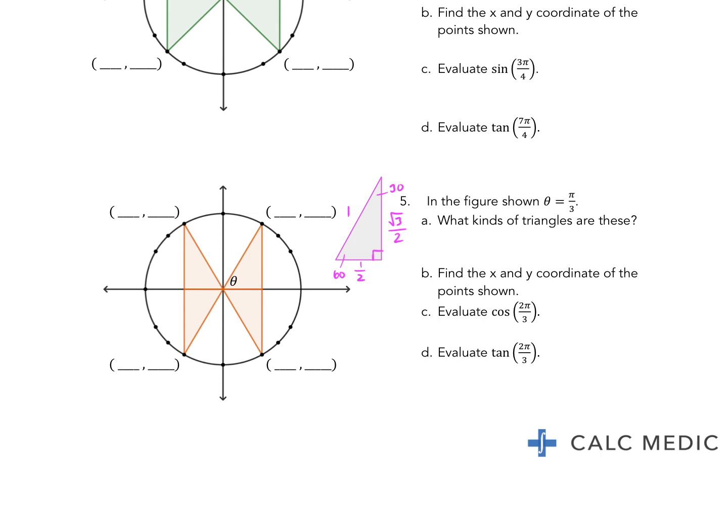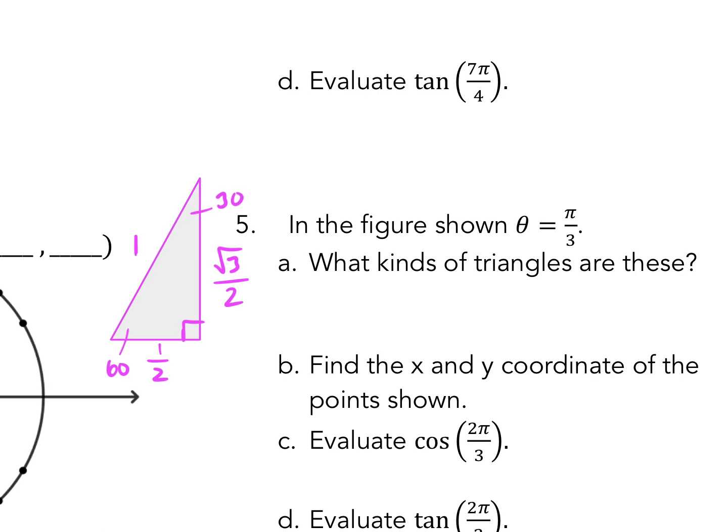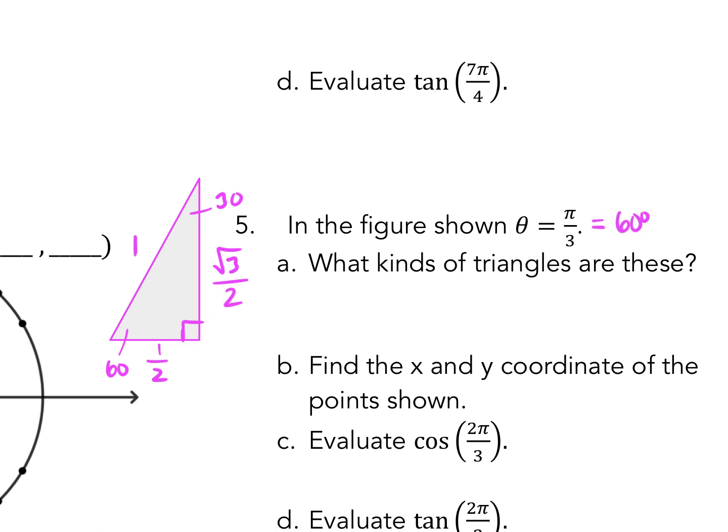We have a 30, 60, 90 triangle. Theta here is pi over 3. What does pi over 3 equal in terms of degrees? If the other one was 30 degrees, this one would be 60 degrees. That's what we just wrote down there. So these are 30, 60, 90 triangles.